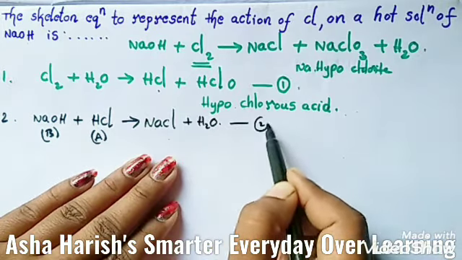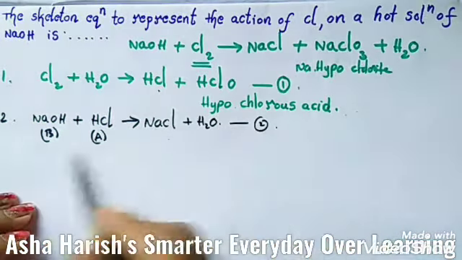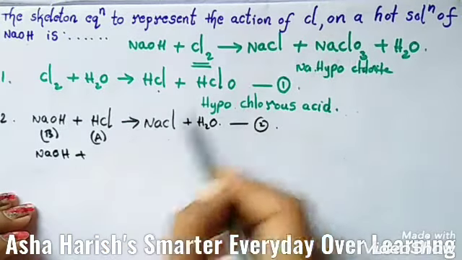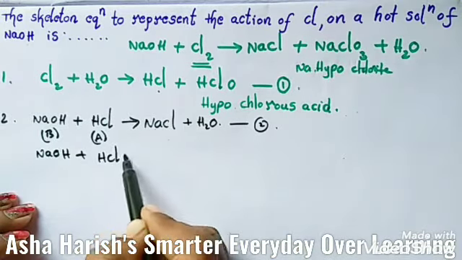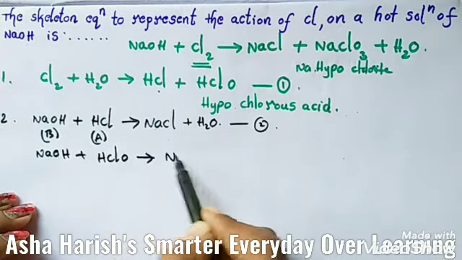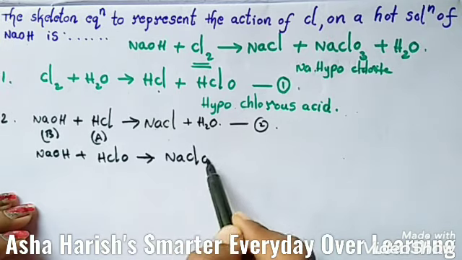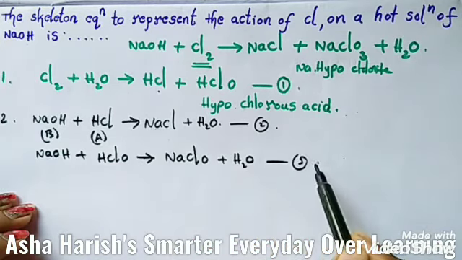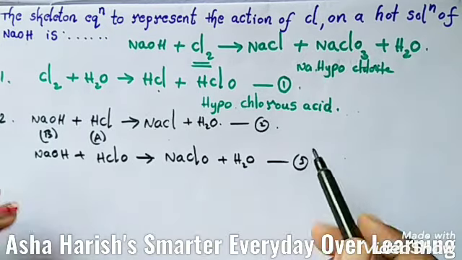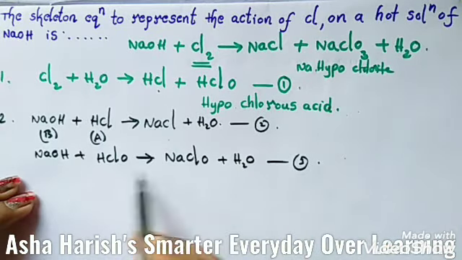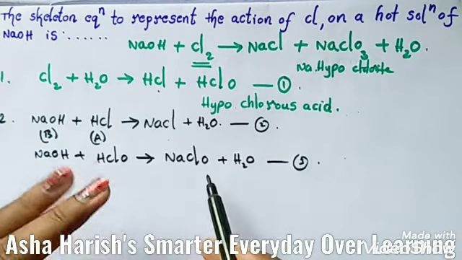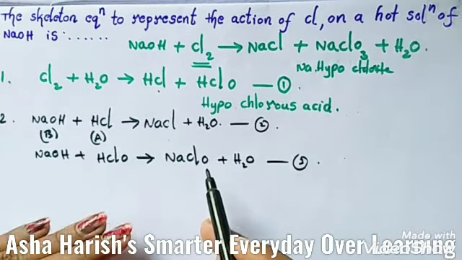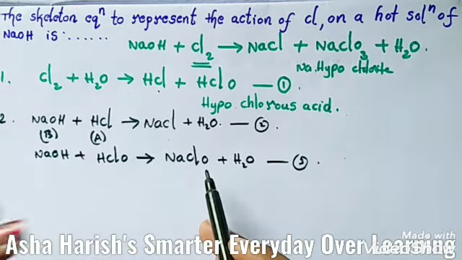So equation number 2. If you add this quantity of NaOH to this hypochlorous acid HClO also, then the final product is NaClO plus H2O. This is equation number 3. Sodium hypochlorite NaClO is unstable at higher temperatures. It undergoes self-reduction and oxidation to give a mixture of sodium chloride and sodium chlorate.